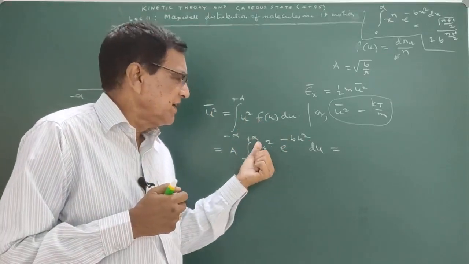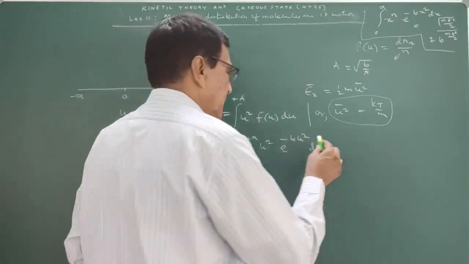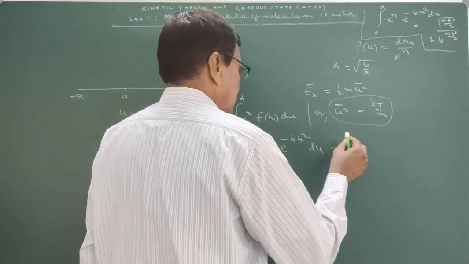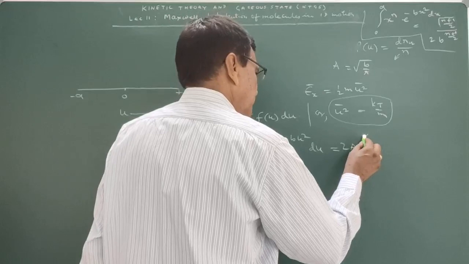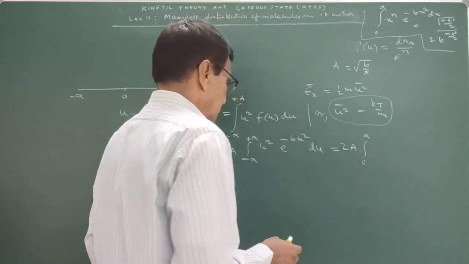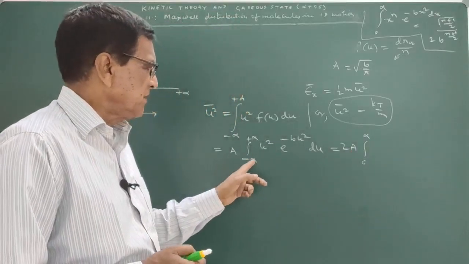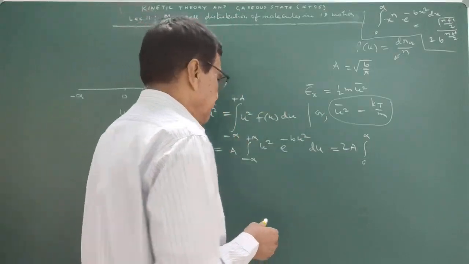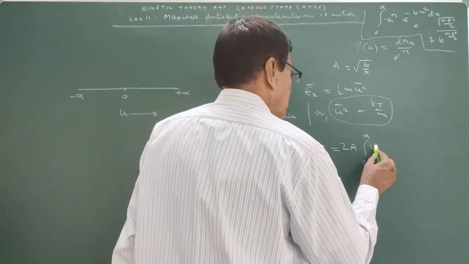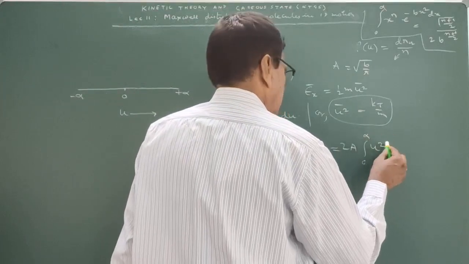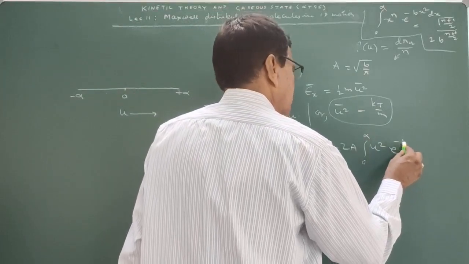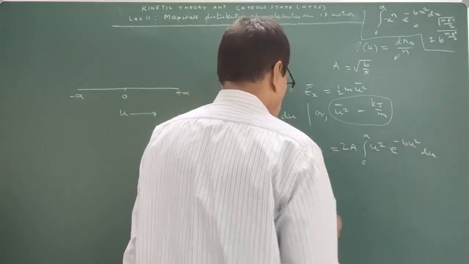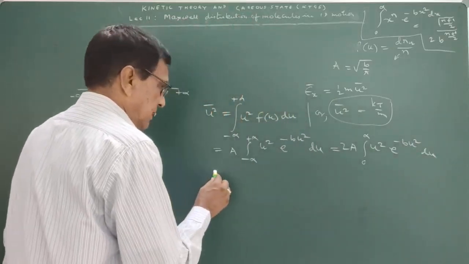Whenever it is even, it can be written as twice A, integrating from 0 to infinity instead of minus infinity to plus infinity, of u square e to the power minus b u square du.